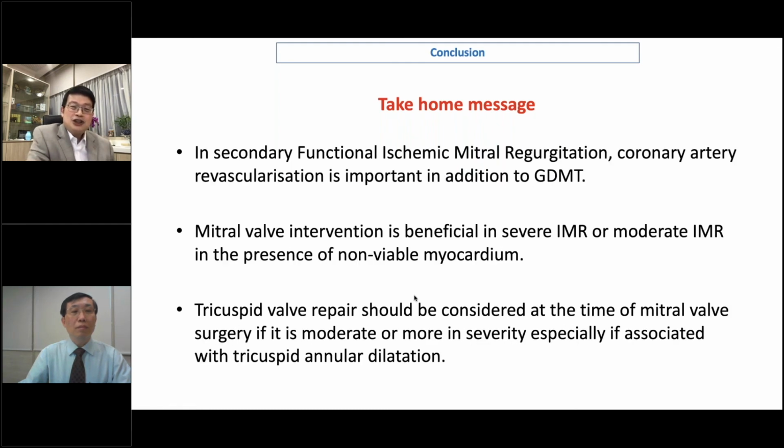In secondary functional ischemic mitral regurgitation, coronary artery revascularization is important. In addition to guideline-directed medical treatment, mitral valve intervention is beneficial in severe ischemic mitral regurgitation or moderate ischemic mitral regurgitation in the presence of non-viable myocardium.